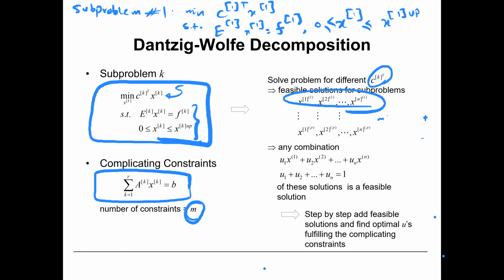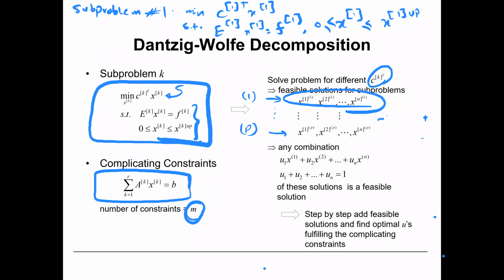All right. So now assume that you already found these sets of feasible solution, set 1, set 2. So we found P sets of feasible solutions. In the next step, we are going to use any combination of these solutions to generate a new feasible solution.